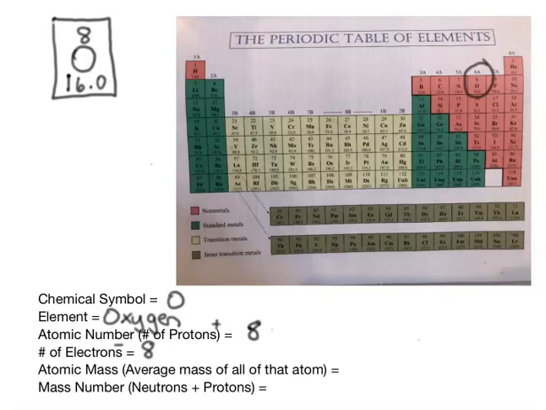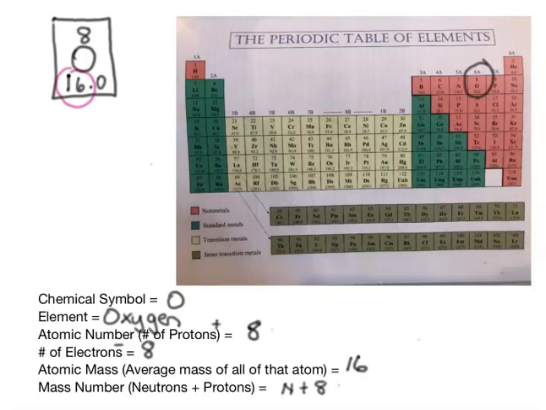Now, because we're just picking something randomly off the periodic table, I'm going to have you round the atomic mass to the nearest whole number. So, for example, this one is going to be 16, okay? So we're going to use oxygen 16 as our isotope, okay? Now, remember, our mass number is neutrons plus protons, so neutrons plus 8.